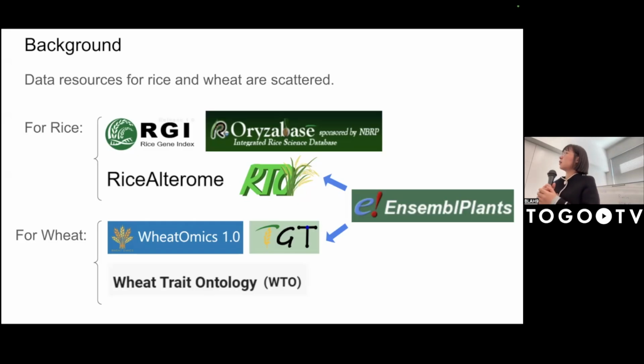And RiceAlgorithm, just as Javid mentioned before, is a work of our own team, and it collects information from text data, and it can generate the relations between the genes and the expression changes from the text data. And RGO is a data resource that describes the ontology of the rice.